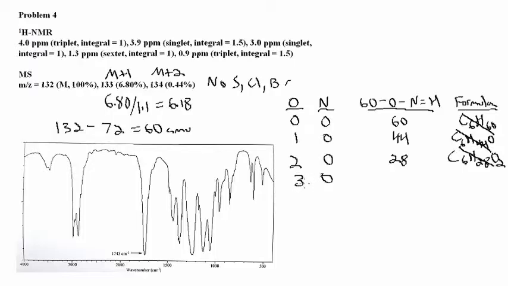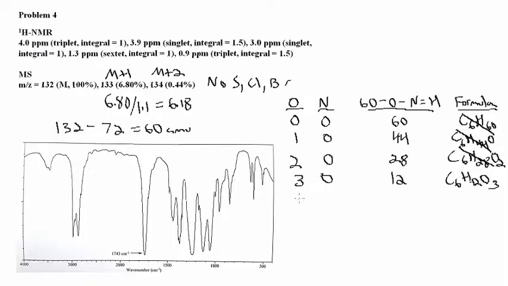If we had 3 oxygens and 0 nitrogens, that would leave us with 12 hydrogens and a molecular formula of C6H12O3. This is a reasonable structure, so we'll keep that one for now.